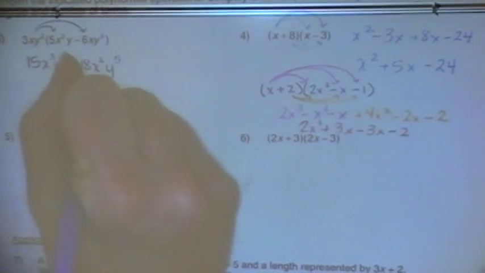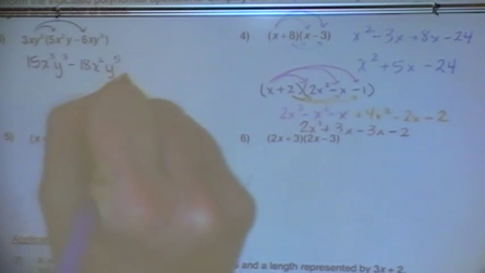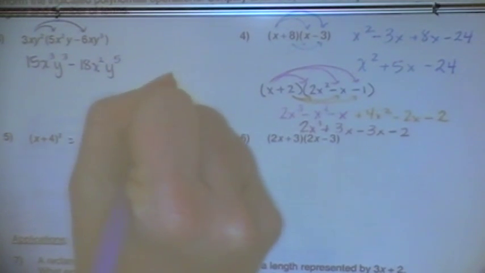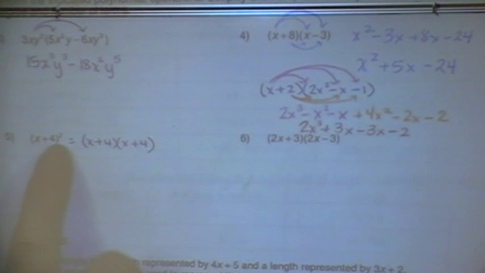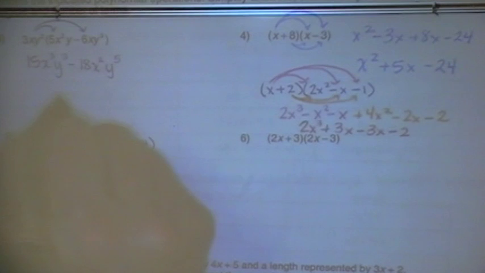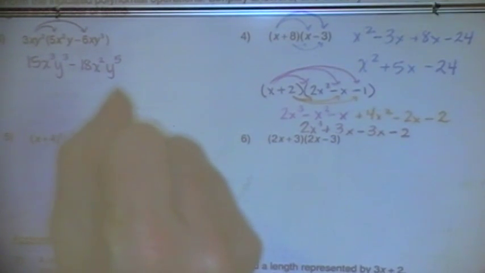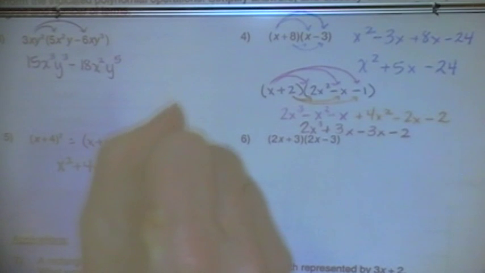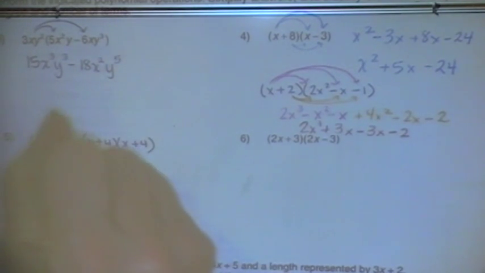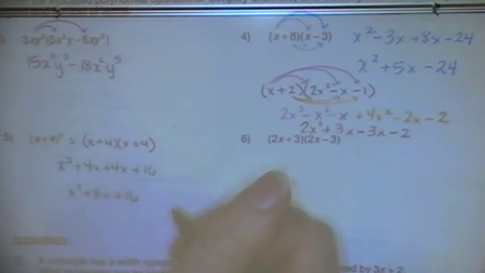To avoid making mistakes, I would just write it down twice. Because that's what this means, x plus 4 times x plus 4. Then you just FOIL it, or distribute it, and that would give you x squared plus 4x plus 4x plus 16, which simplifies to x squared plus 8x plus 16.